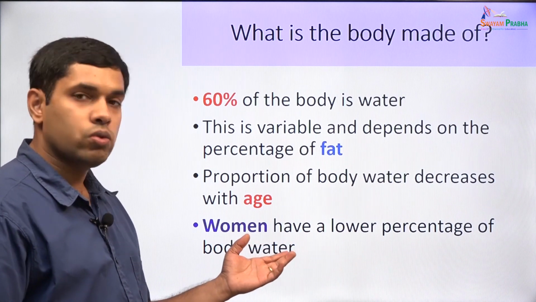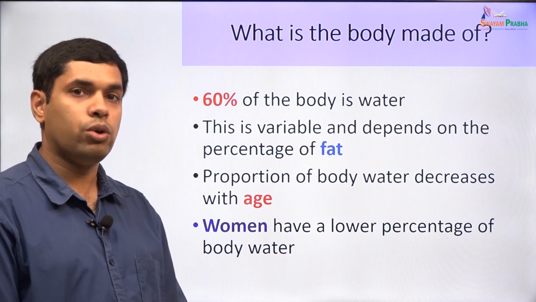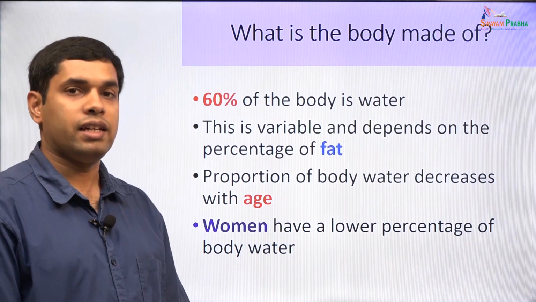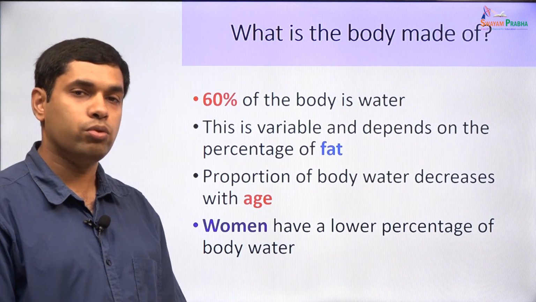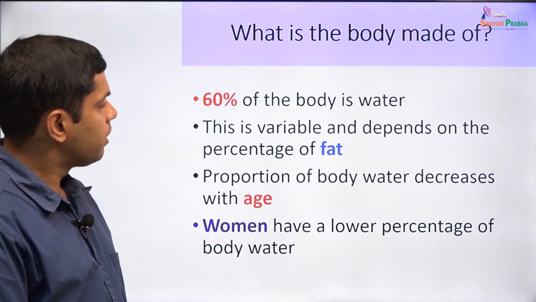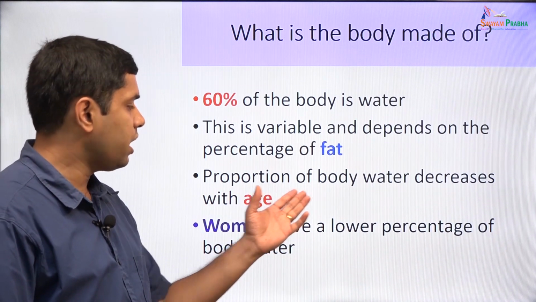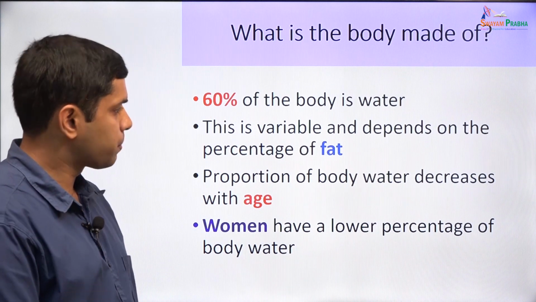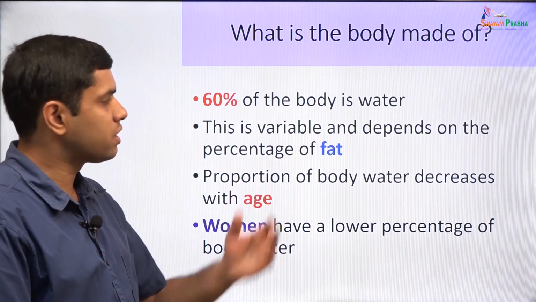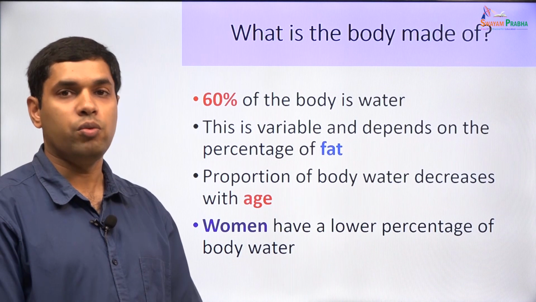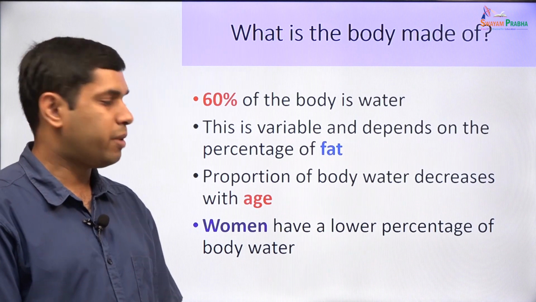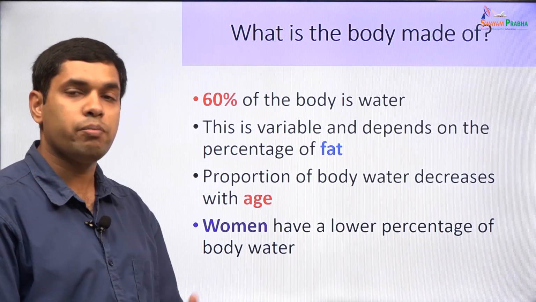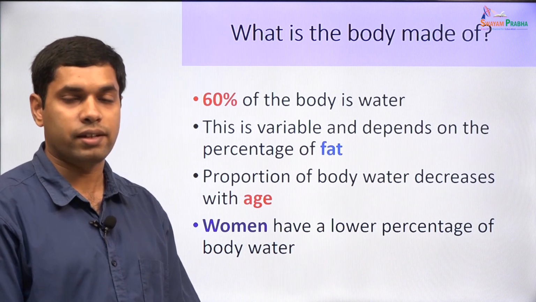Women also have a lower proportion of body water, and that is attributed to a larger proportion of subcutaneous fat. As a person increases in age, the proportion of body water also decreases. So, these are some changes that are seen in body water with age, depending on the sex of the individual and also depending on the amount of body fat.